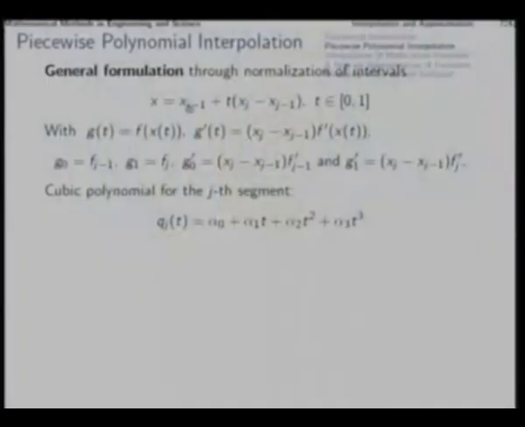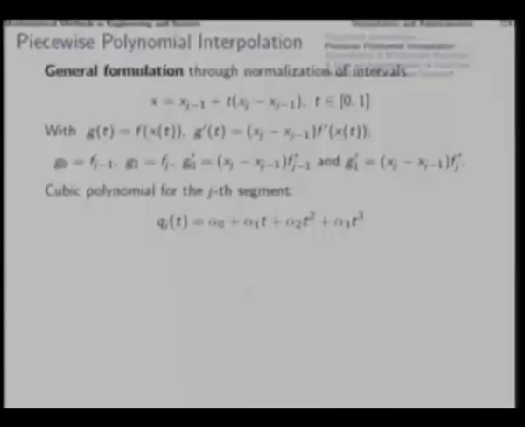Between x3 and x4, if you put another variable t in terms of which you reparameterize the scale, then at t equal to 0 you will have x3, that is xj minus 1, and at t equal to 1 you will have xj. So, the interval 0 to 1 will scale up to the x interval, that is xj minus 1 to xj.